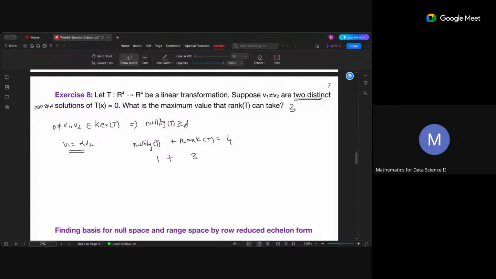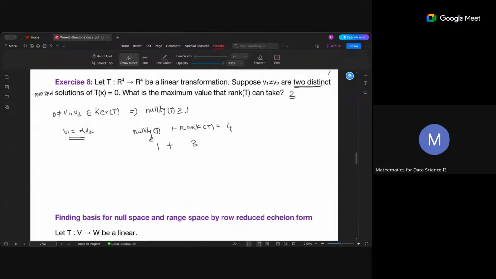No, not greater than or equal to 3; at least 1. Why, ma'am? Because suppose your V1 is 1000, your V2 is 2000, and your V3 is 3000, and all of V1, V2, V3 belong to the kernel of T. In that case only one vector contributes to the basis. If they are multiples of each other, then it is greater than or equal to 1.